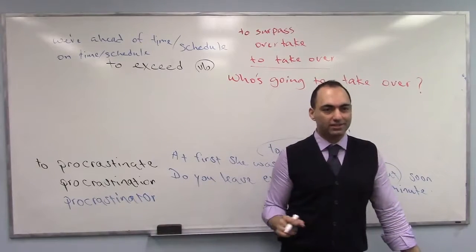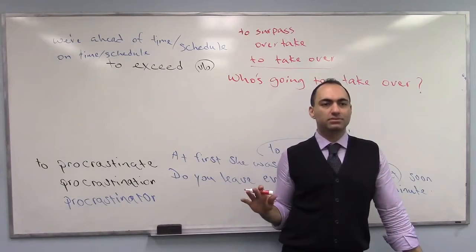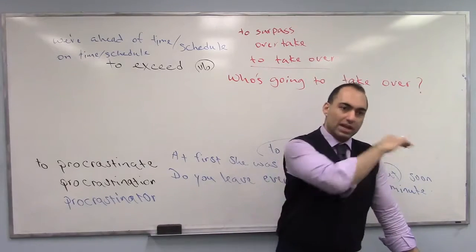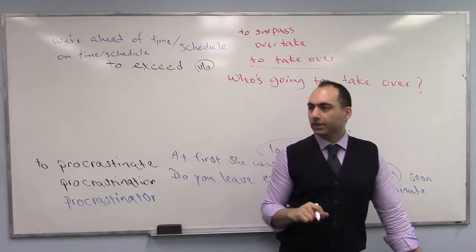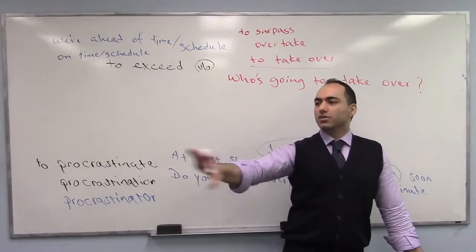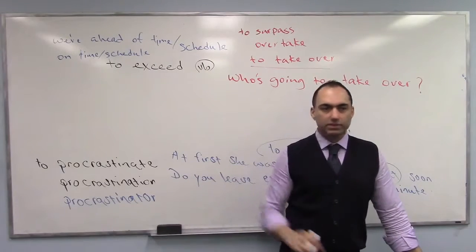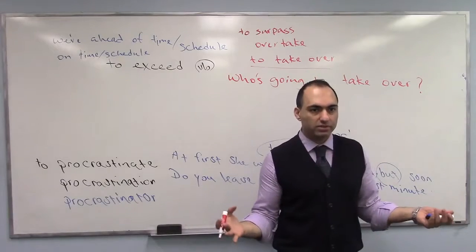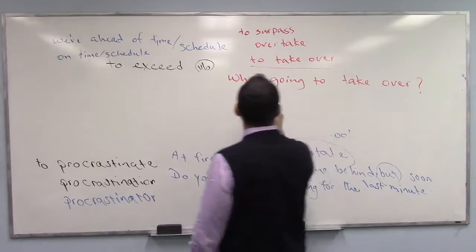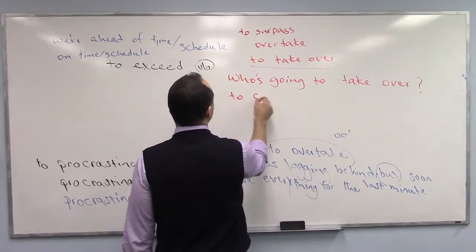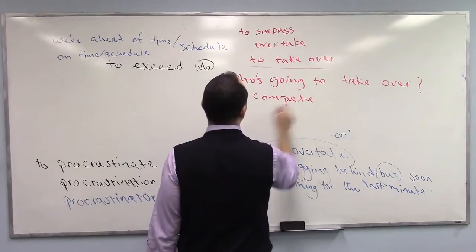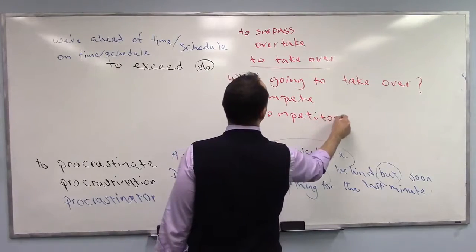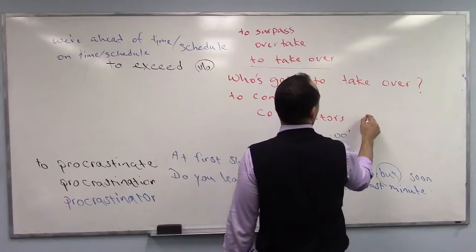In the highways, we overtake another car. I overtook that car. I passed that car. You overtake all other competitors and rivals in the business. You know competitors and rivals? You know that. See, to compete, and rivals.